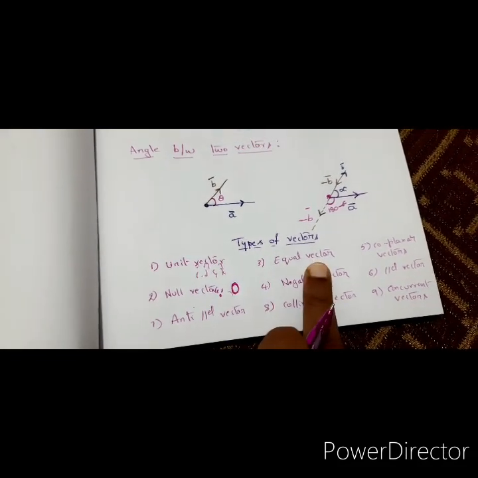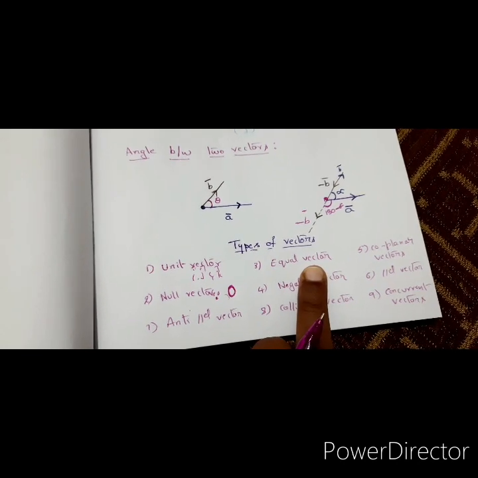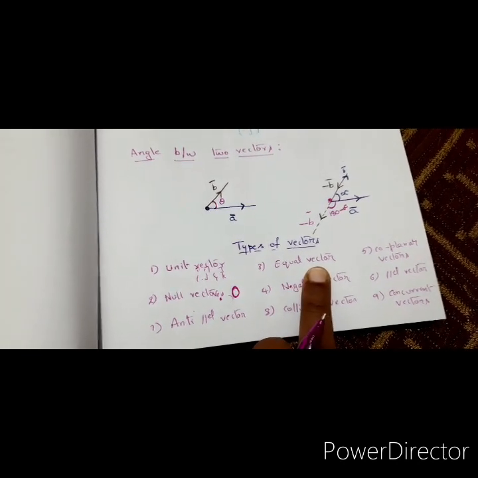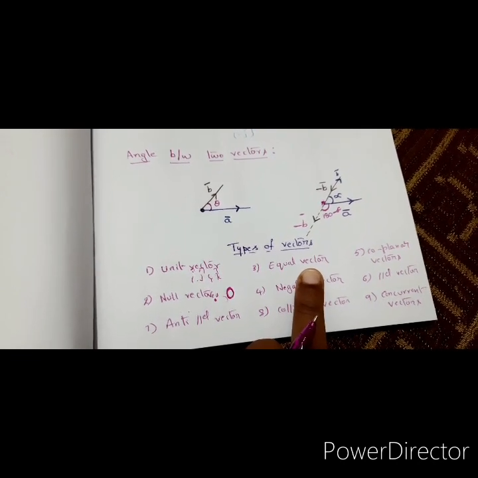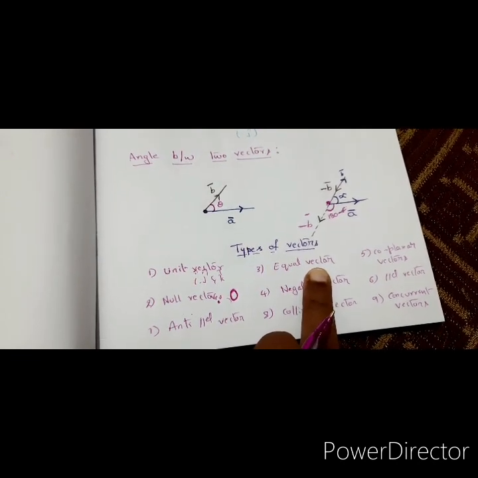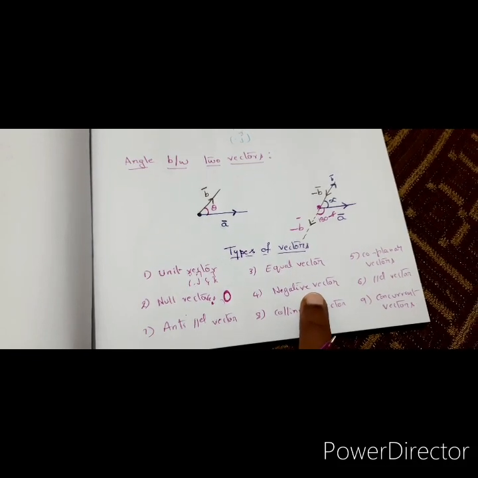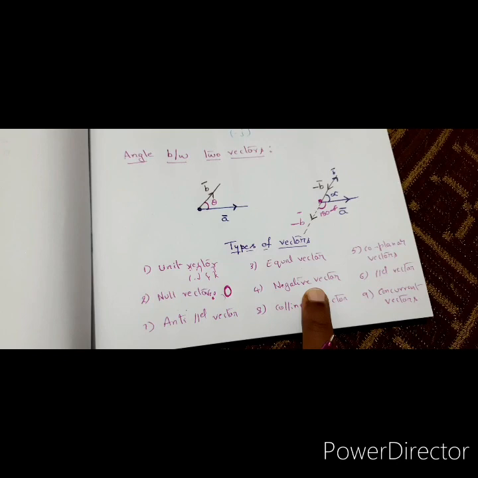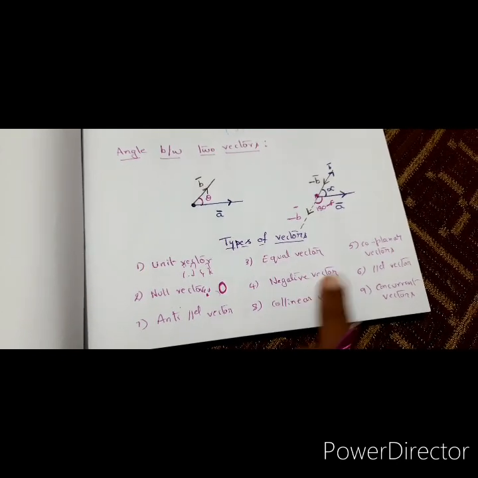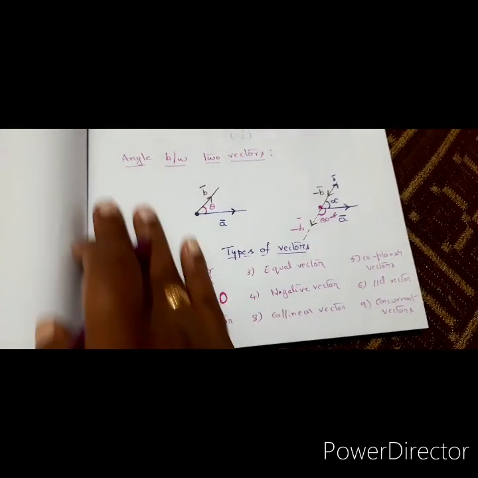Equal vector. Right now we have already seen what an equal vector is. If the direction is the same as well as the magnitude is the same as the given vector, it's an equal vector. Negative vector: direction is opposite but magnitude is the same. Coplanar vectors are those which belong to the same plane.